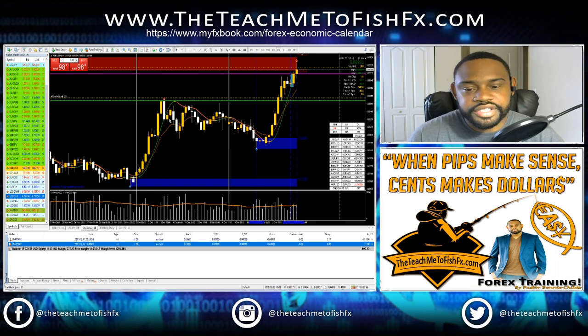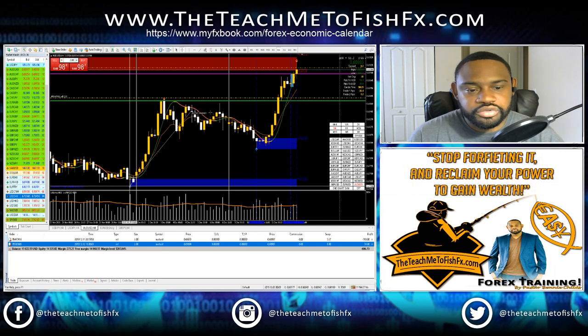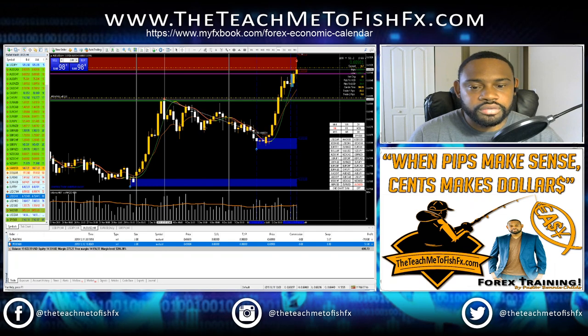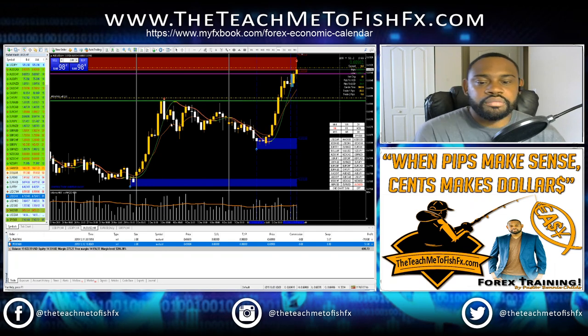You have to wait for these moves. Like, this one, we had to wait for this move to drop down. This one we had to wait for this move to go up. If you missed a good entry point here, you have to wait.